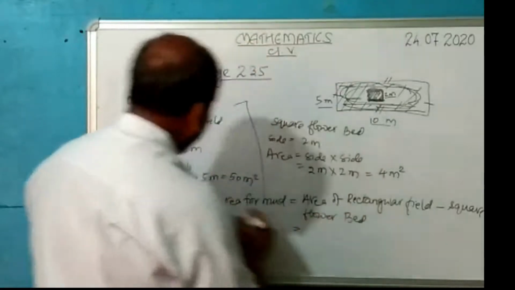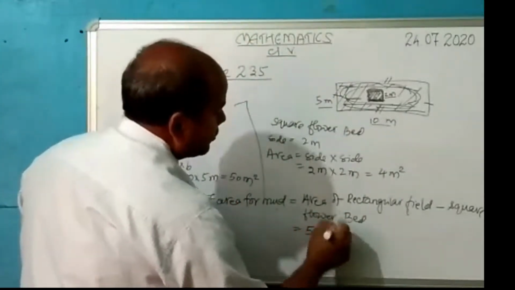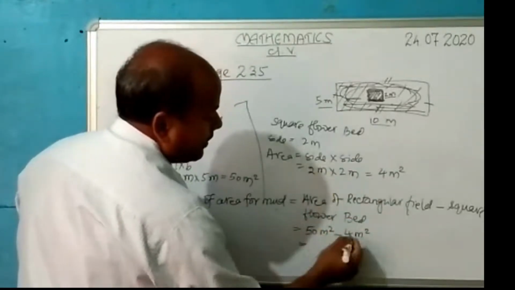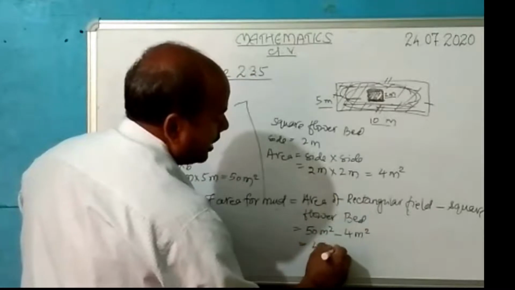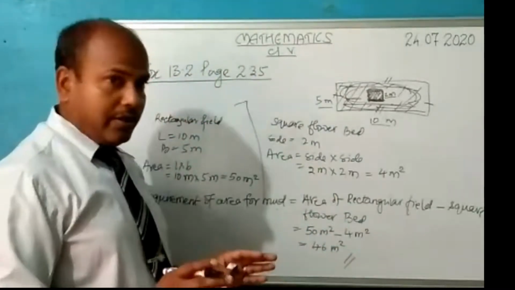That means from this 50 square meter, we need to subtract 4 square meter, and the required answer is 50 minus 4, which is 46 square meter. So this much area will be required for the mud.